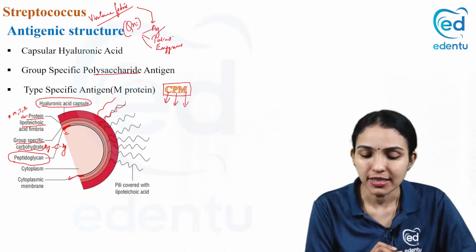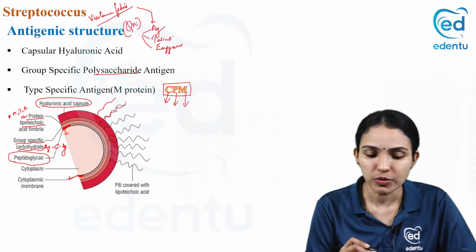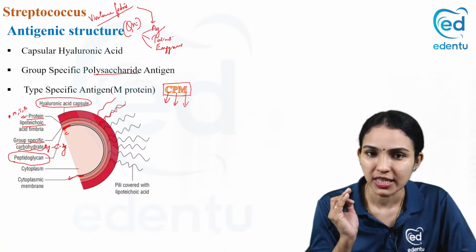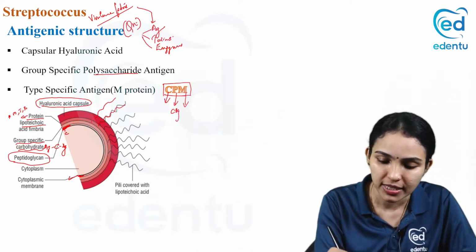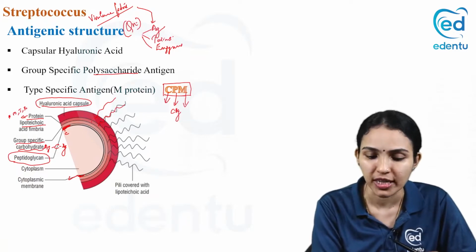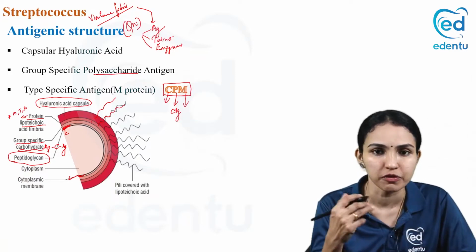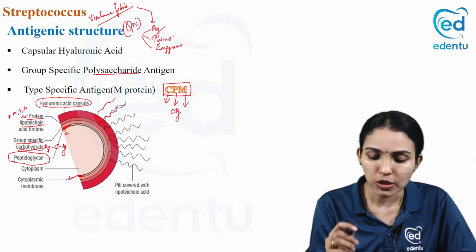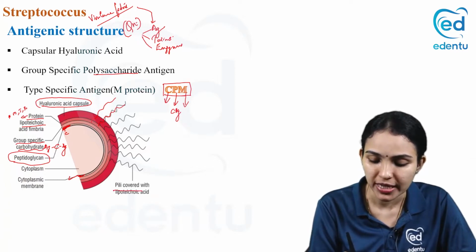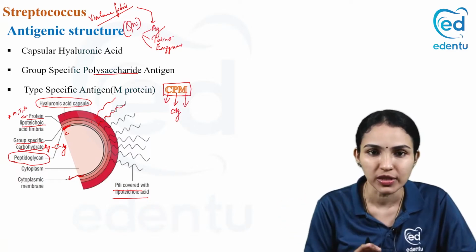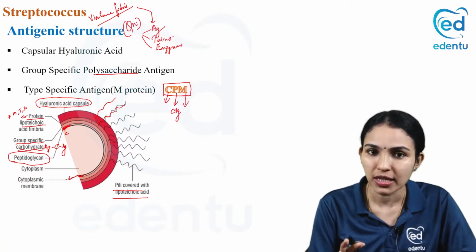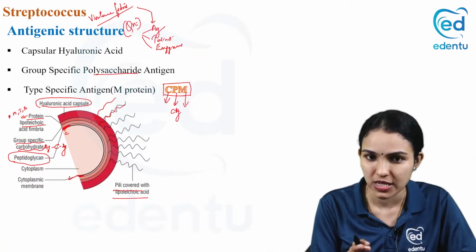So these are the different structural antigens of streptococci: CPM, capsular hyaluronic acid, P for polysaccharide or carbohydrate antigen, and M for M protein. M protein is the most important one. The pili or the fimbriae are covered with the lipoteichoic acid and also the proteins because they arise from that layer. So this is the structural antigenic layer of streptococci.